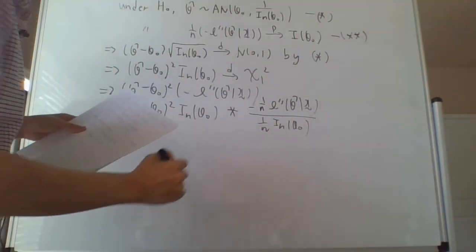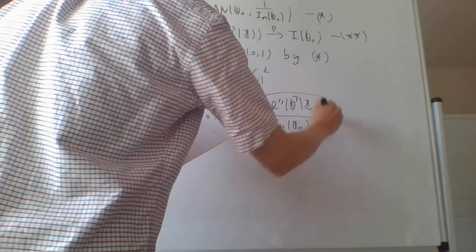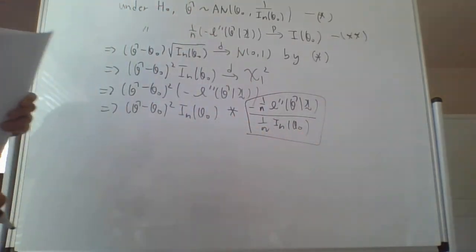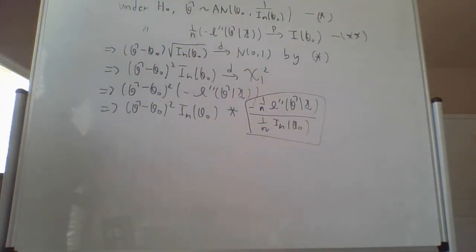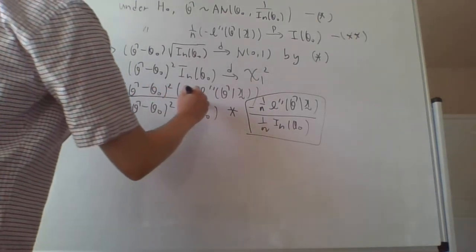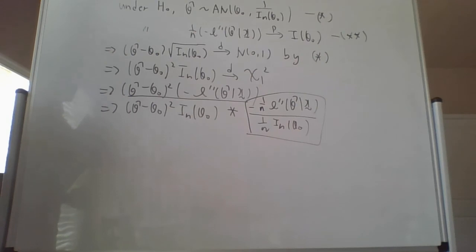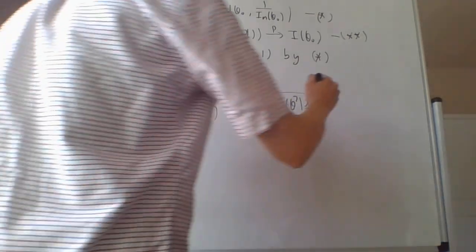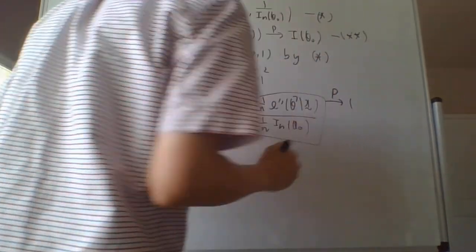We don't do anything new, we just multiply and divide in this original equation. Then this squared term converges in probability to 1.